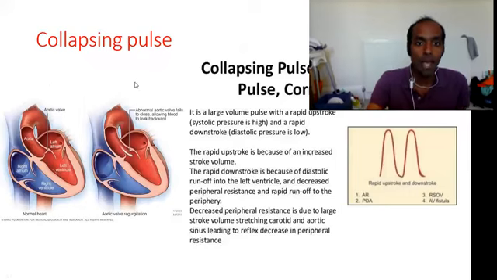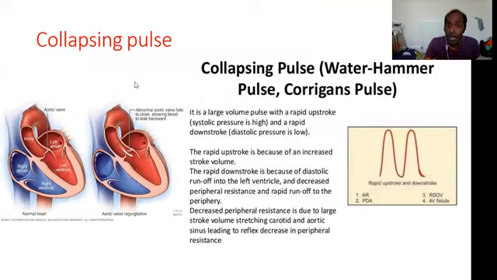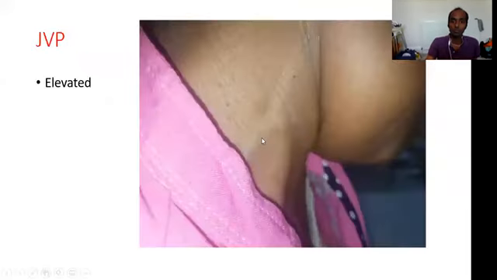Okay, and I have given you some notes about a collapsing pulse. So please read that. Okay, so that's about the arterial pulse. Then you have the jugular venous pulse.